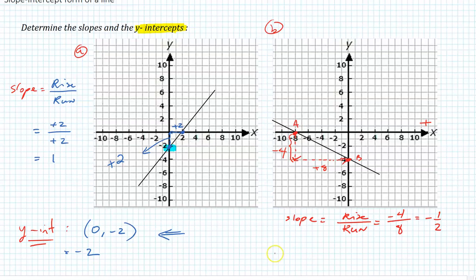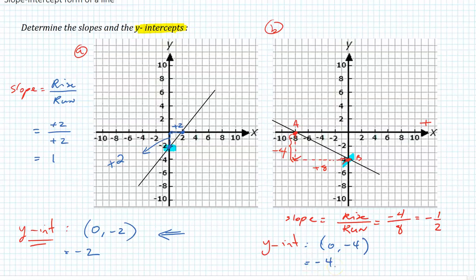All right, what is the y-intercept for graph B? Same idea. You say, okay, where is the line crossing the y-axis, which is right here? What is that coordinate? If you don't remember, that was -4. So rewrite that as (0, -4), or you can say the y-intercept is -4.